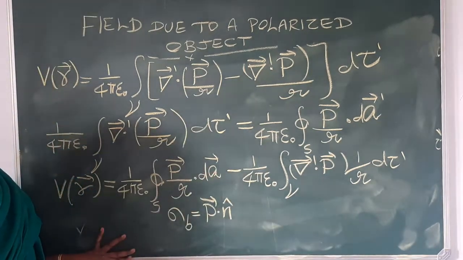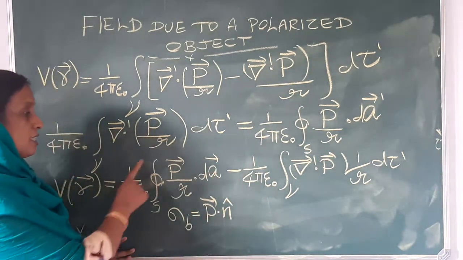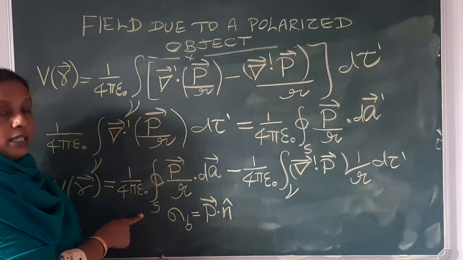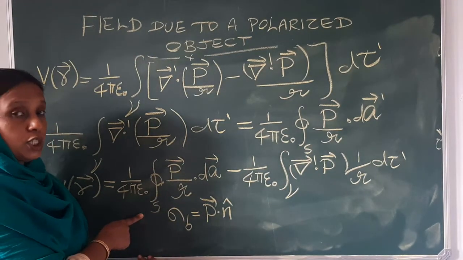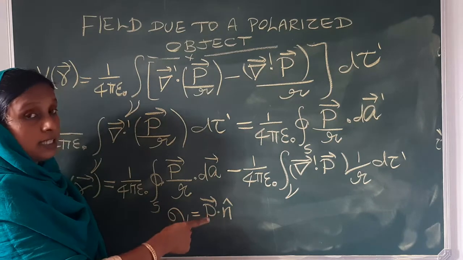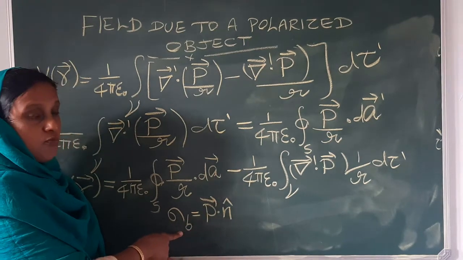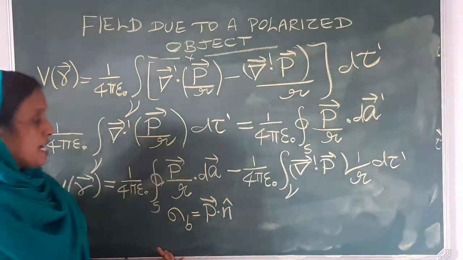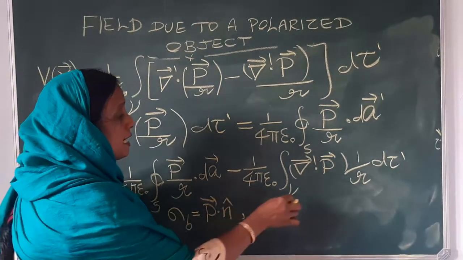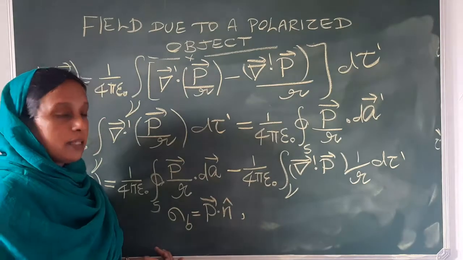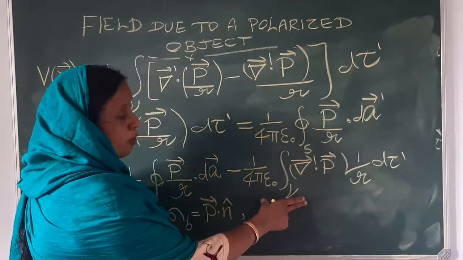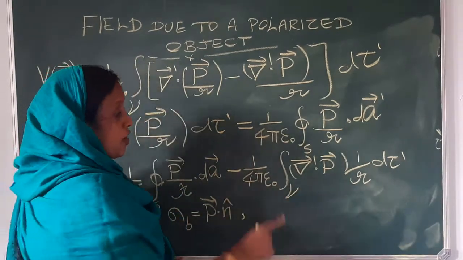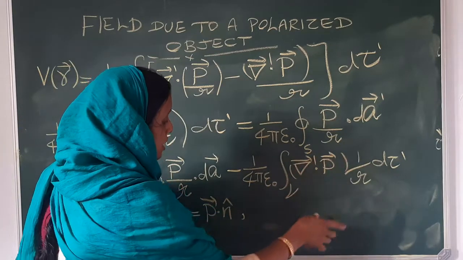Okay, this first term is electrostatic potential due to a surface charge density sigma b, which is given by P dot n cap. Okay, similarly, the second term looks like the electrostatic potential due to a volume charge density.